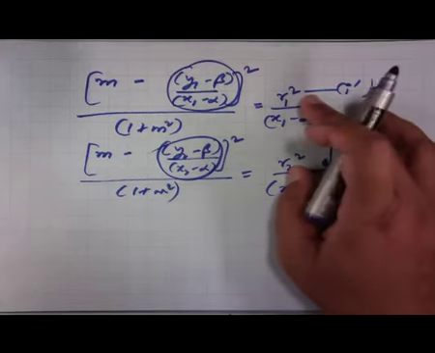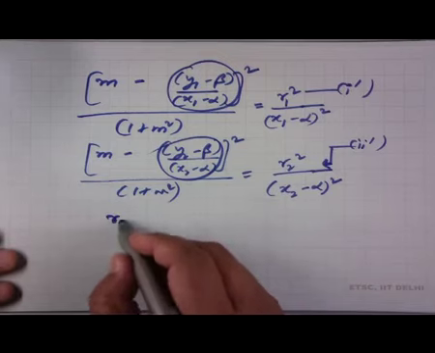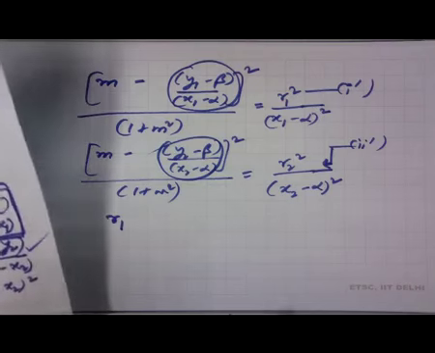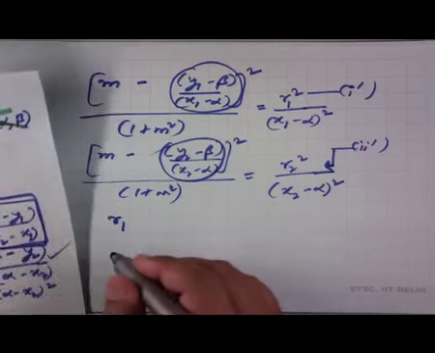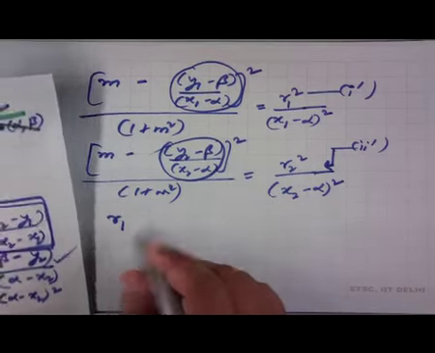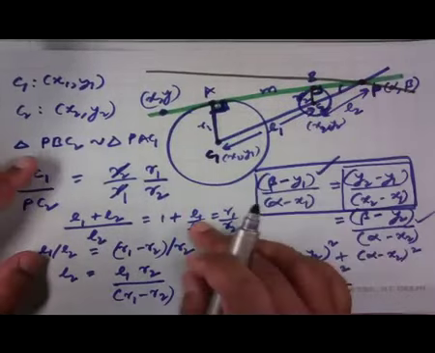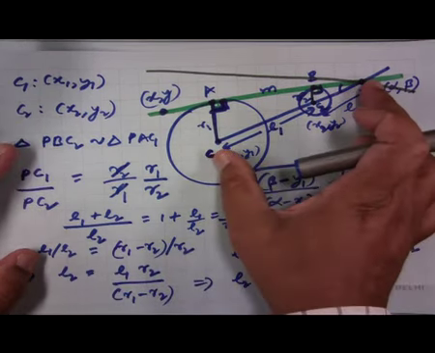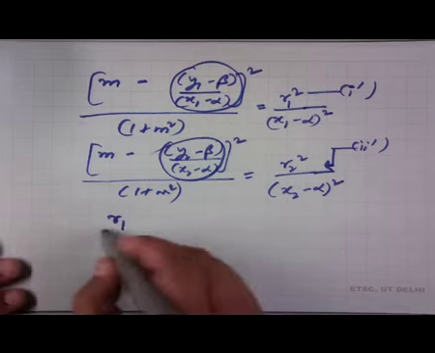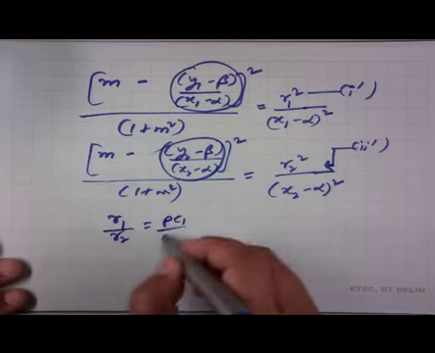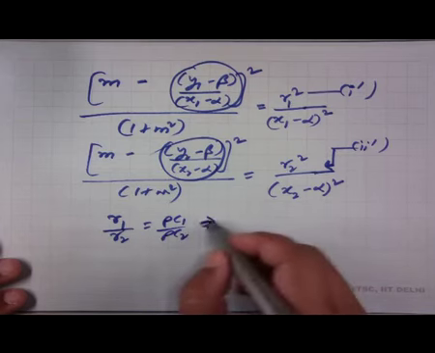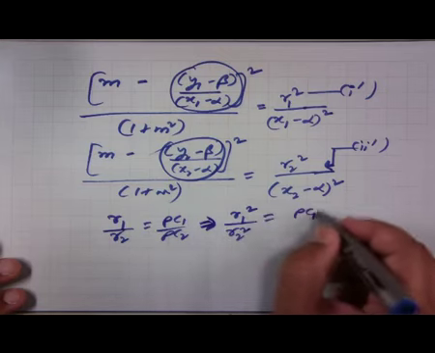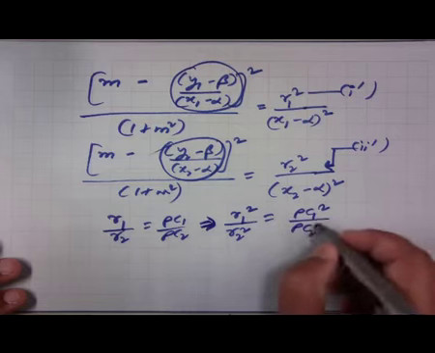It turns out that the right hand side is also the same, because if we go back to the similar triangles, we see that R1 by R2 is equal to PC1 by PC2, which implies that R1 square by R2 square is PC1 square by PC2 square.